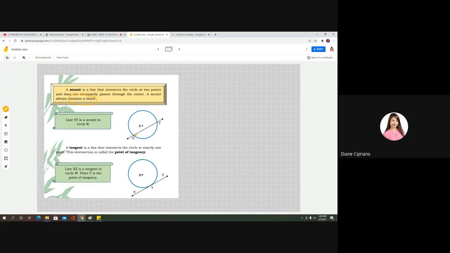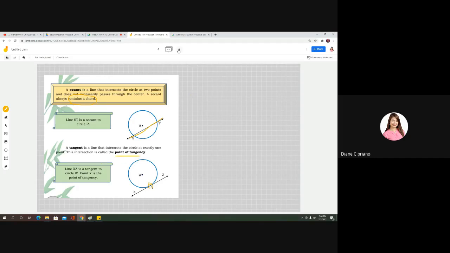And for an example of the tangent line, if the line intersects the circle at exactly 1 point, this intersection is called the point of tangency. So if it touches a line segment and the outer part of the circle, it is called the point of tangency.